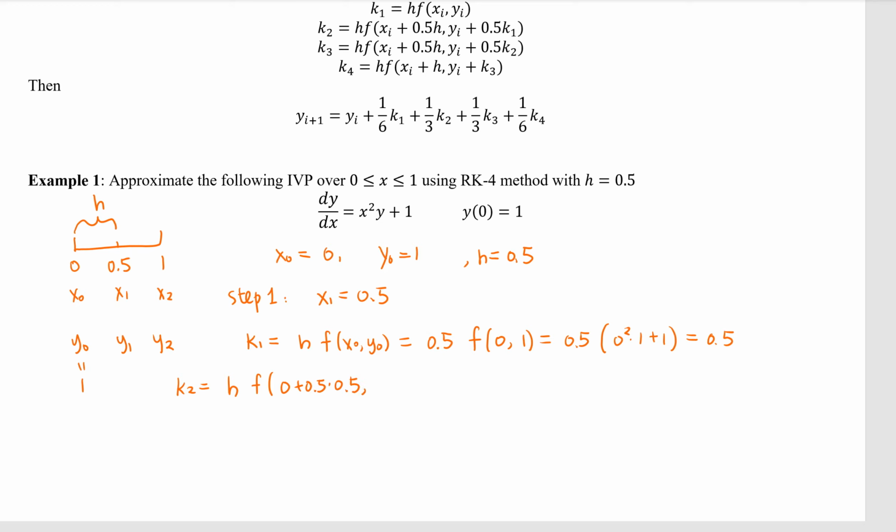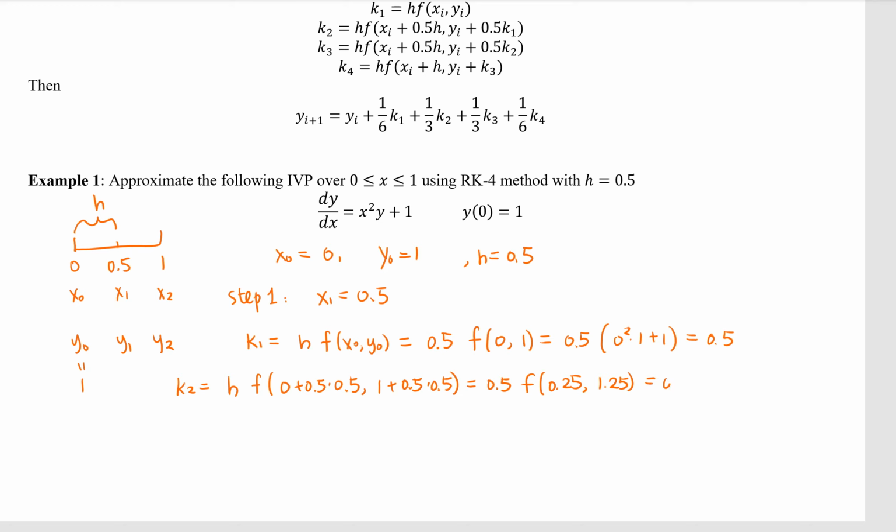And then y0 is 1 plus 0.5, k1 is also 0.5. So this is h, 0.5, times f of 0.5 times 0.5 is 0.25, and then 1 plus 0.25 is 1.25. So far, so good, everybody?